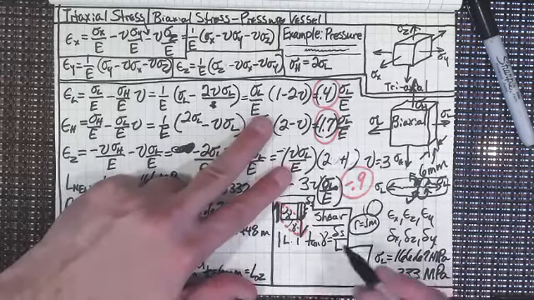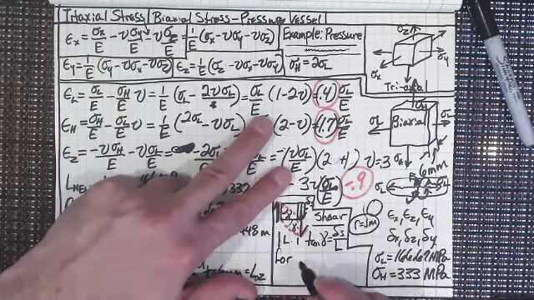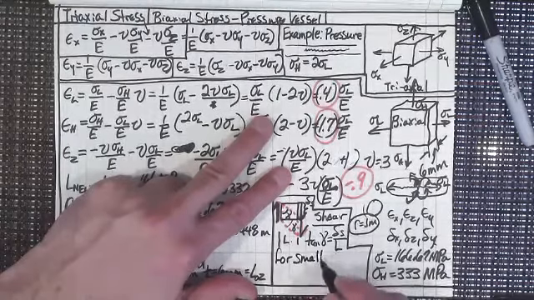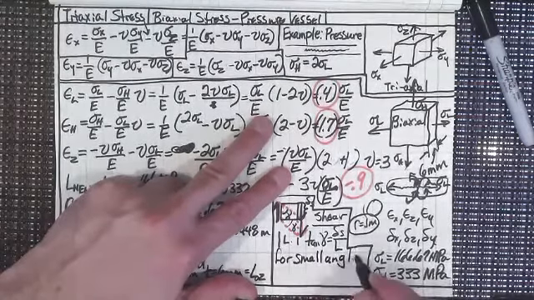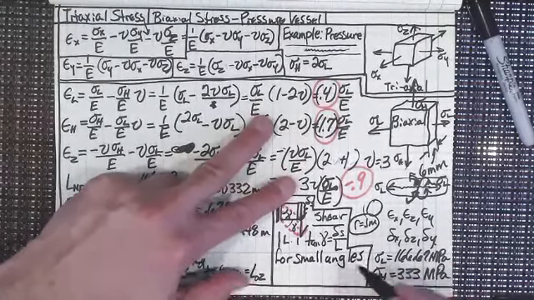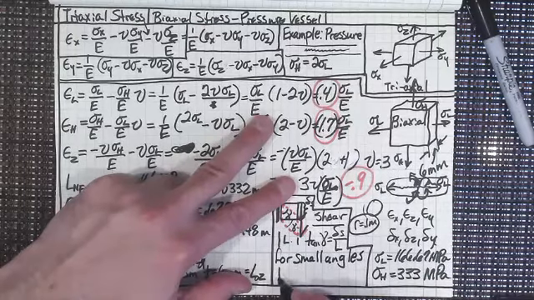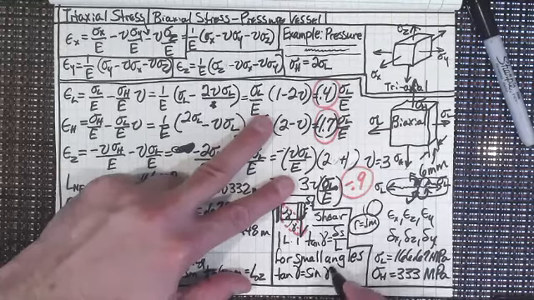However, we know that for small angles, tangent of gamma equals sine of gamma equals gamma.